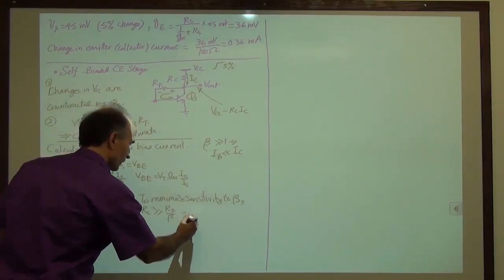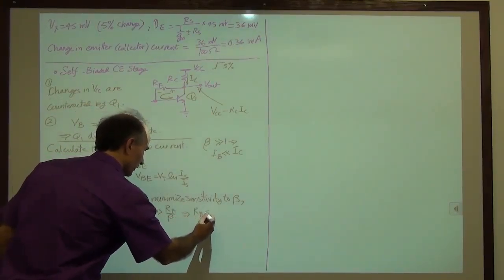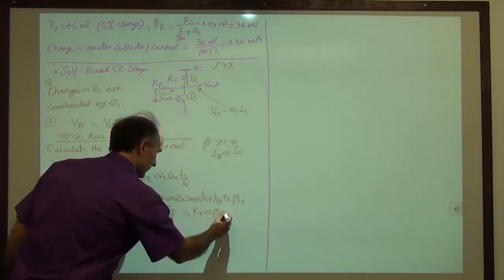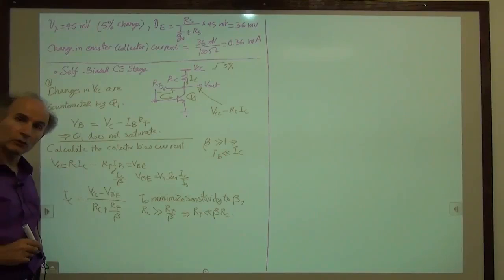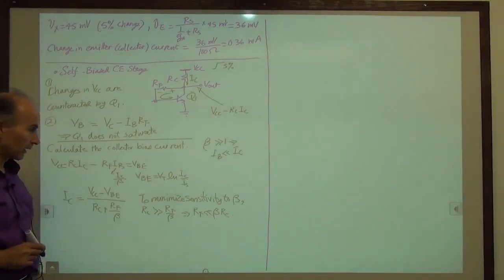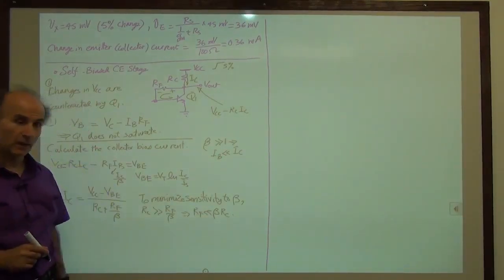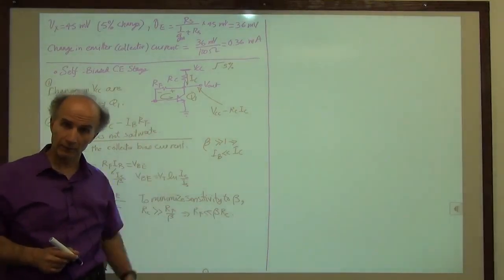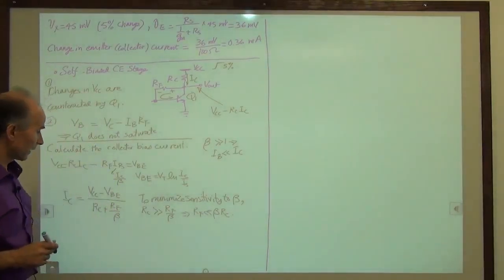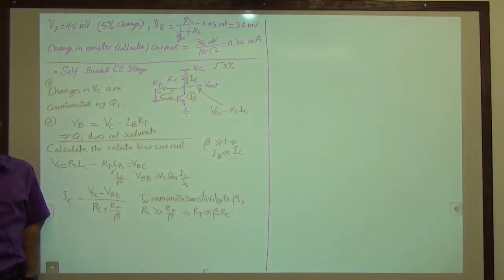So in other words, RF is chosen to be much less than beta times RC. Okay, so that's one little rule of thumb to remember about how these values are chosen. Now, whether we can always do this or not, we don't know, but that's something good to remember. Okay? All right, so that's one condition.